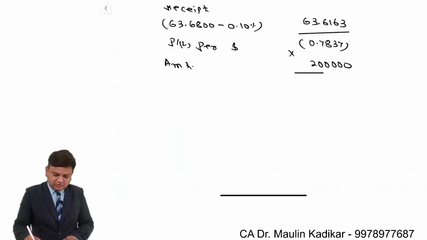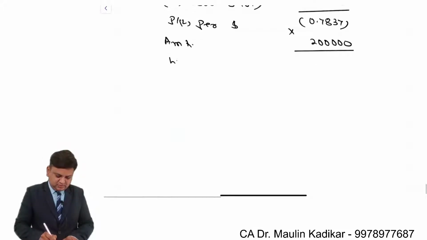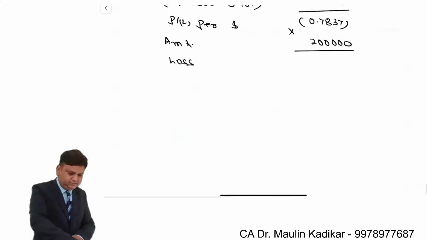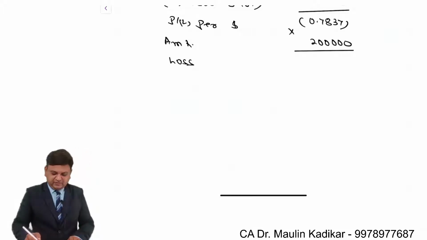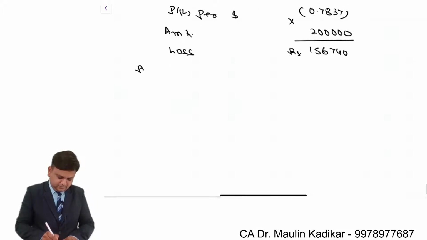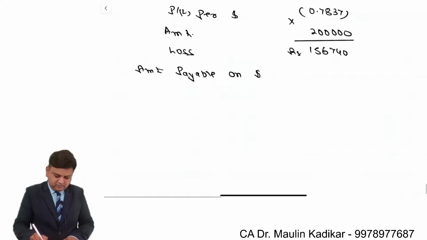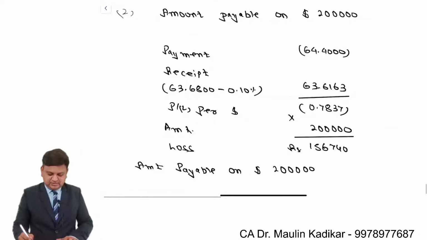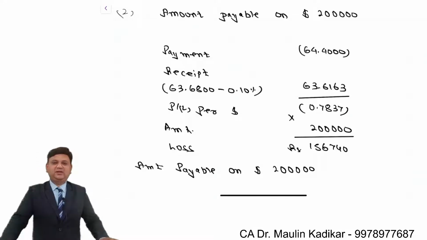So product of both of them is the overall loss. 156740. Amount payable on dollar 2 lakhs. This is what we understand.